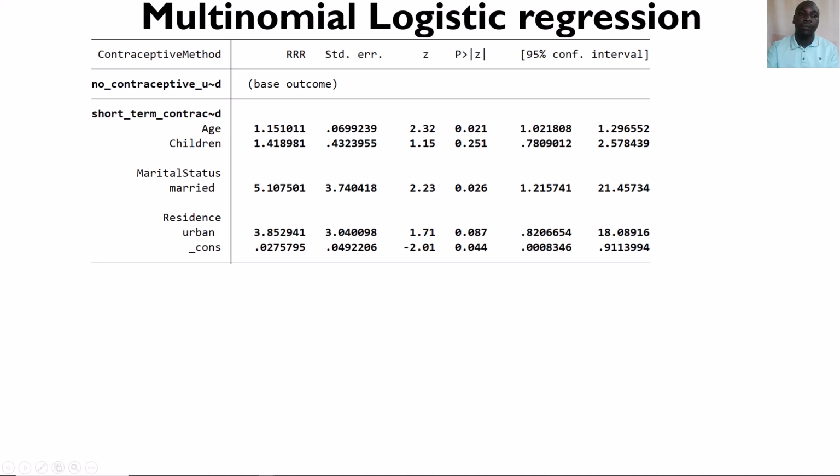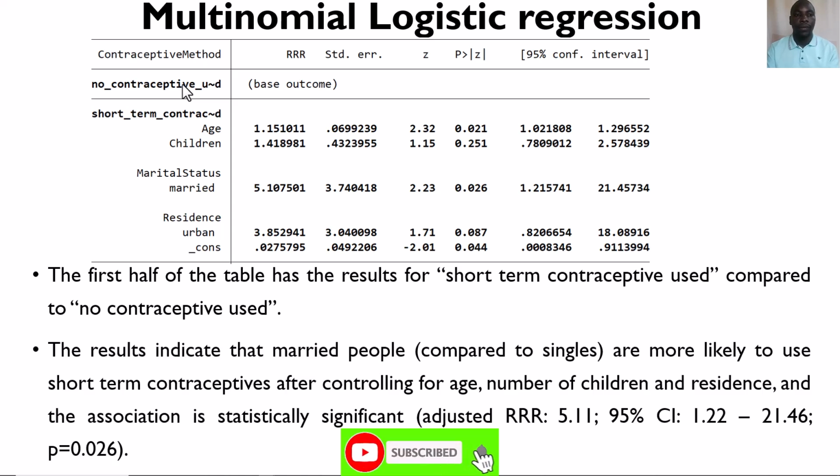For example, when we talk about marital status, we are looking at married people compared to single people. At the same time, short-term contraceptive use compared to no contraceptive use. So those are the two comparisons we are using.